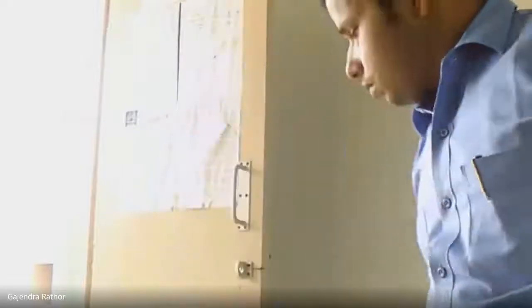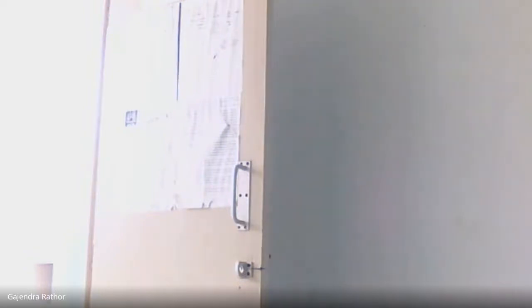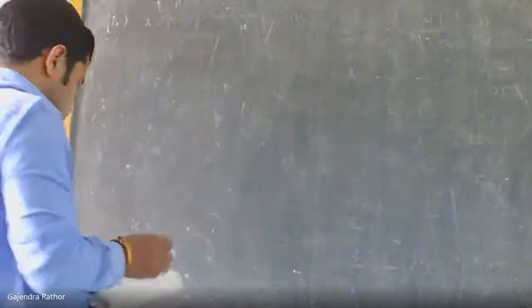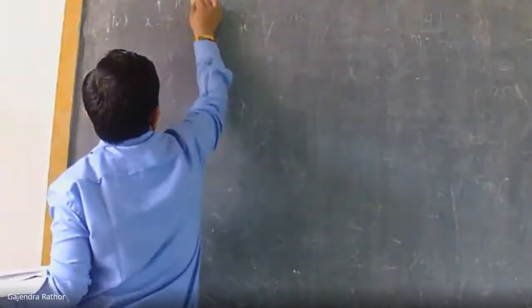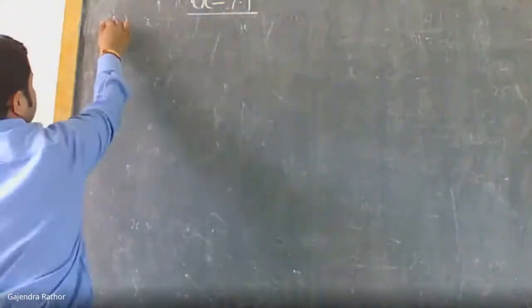Okay, so all of you just now recall all these three criteria, and we are going to start the 7.1 exercise from the first question. Exercise 7.1. First question.